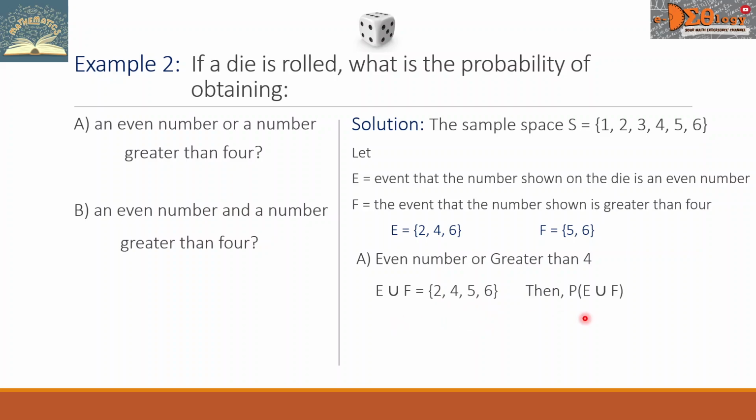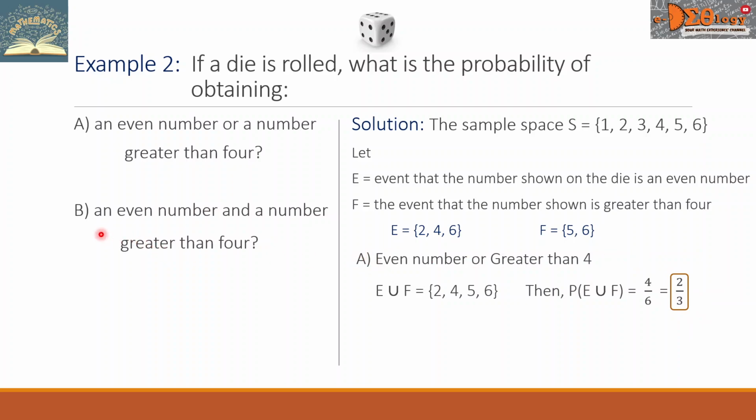So when we have the probability, the number of sample points for the union is 4, and the number of sample points in the sample space is 6. Therefore, the probability is 4 over 6. Then we simplify this into 2 over 3. This is the answer for problem A.